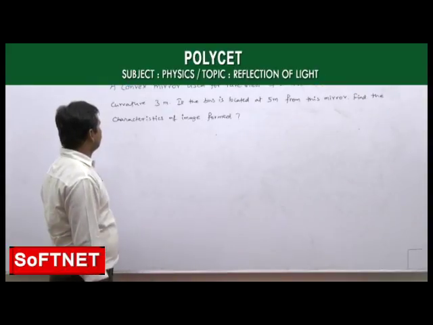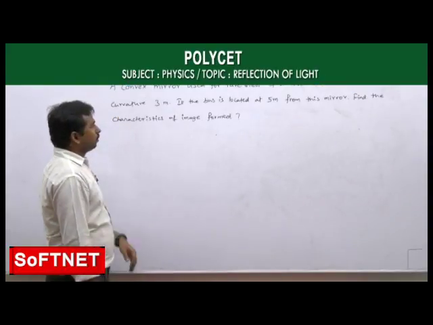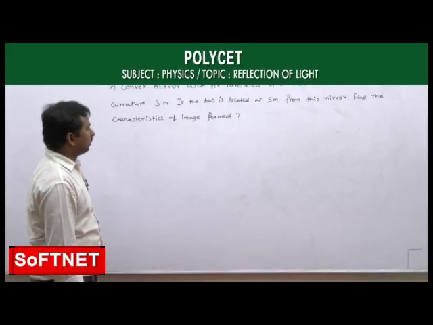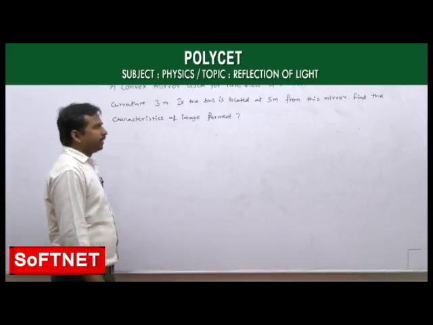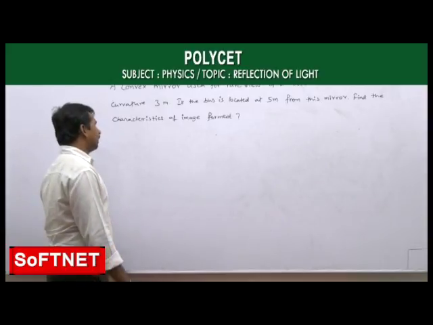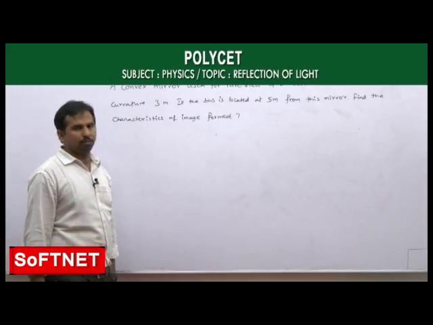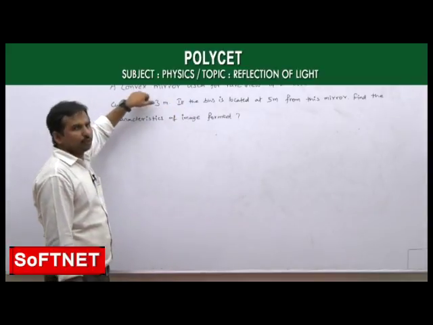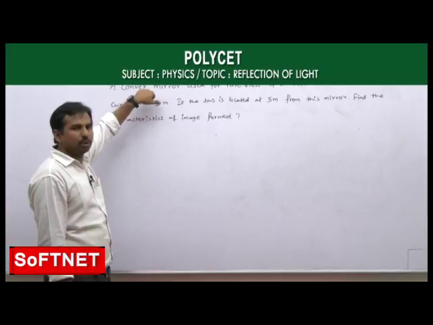Now see another problem. A convex mirror used for a rear view mirror of an automobile has a radius of curvature of 3 meters. If a bus is located 5 meters from this mirror, find the characteristics of the image formed. Here the rear view mirror is our convex mirror, which forms a diminished, virtual and erect image.